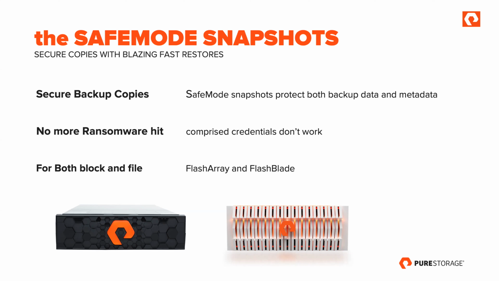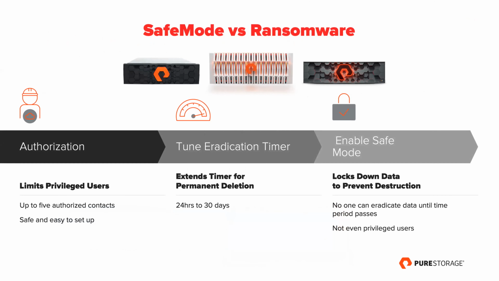So, when having any flash array, either X or C or FlashBlade at your hand for your data, you can enable SafeMode for your snapshots. What SafeMode means for snapshots is they become immutable. The authorized people from the company are getting PINs that allow them to communicate with support over managing the snapshots on the device.